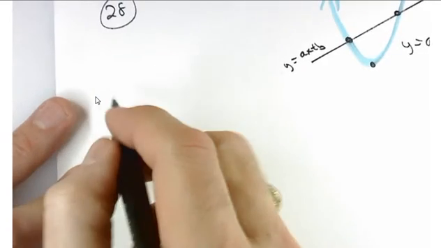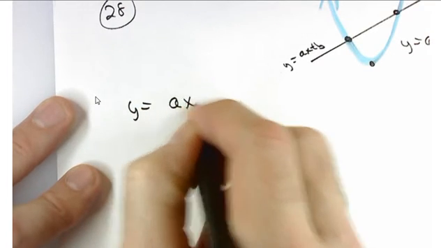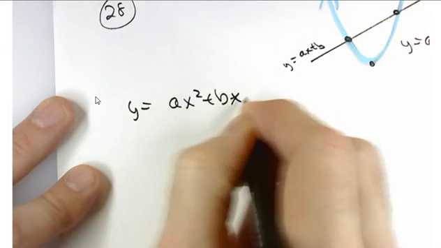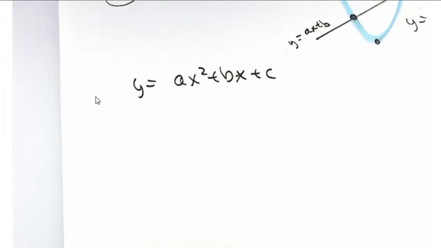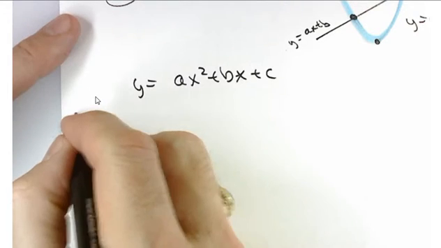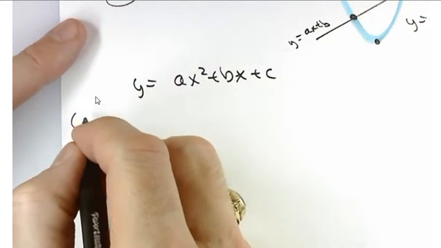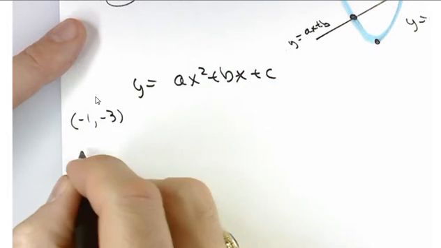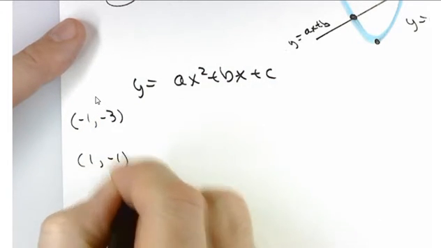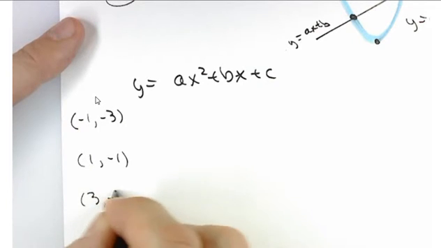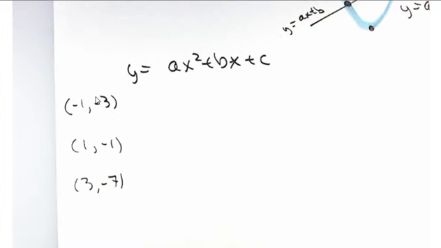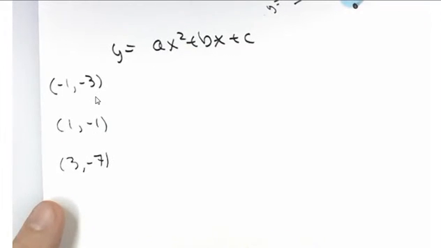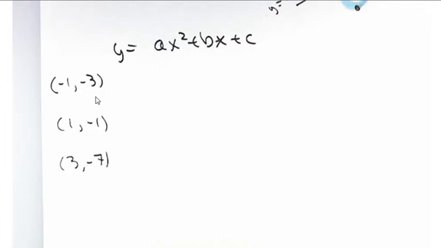So my general equation for a parabola, and once again let me write it up here, y equals ax squared plus bx plus c. I've got 3 points that satisfy that equation. I've got the point -1, -3, 1 and -1, and 3 and -7. All 3 of these points fit on my parabola.